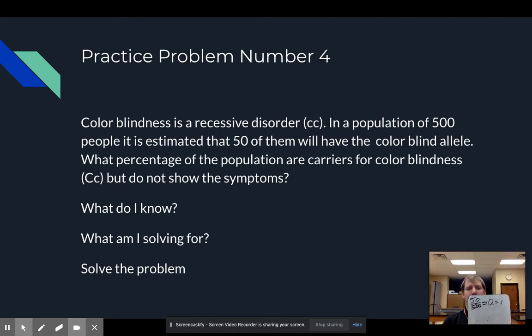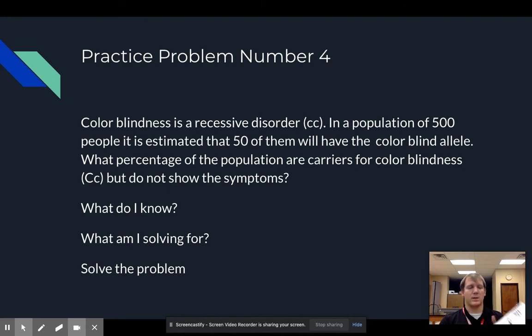All right, what do I know? So I know Q, that's what we just wrote down. What am I solving for? In this case, it says what percentage of the population are carriers and do not show symptoms. So right there, it shows big C, little c. So they're asking me to solve for the heterozygous.